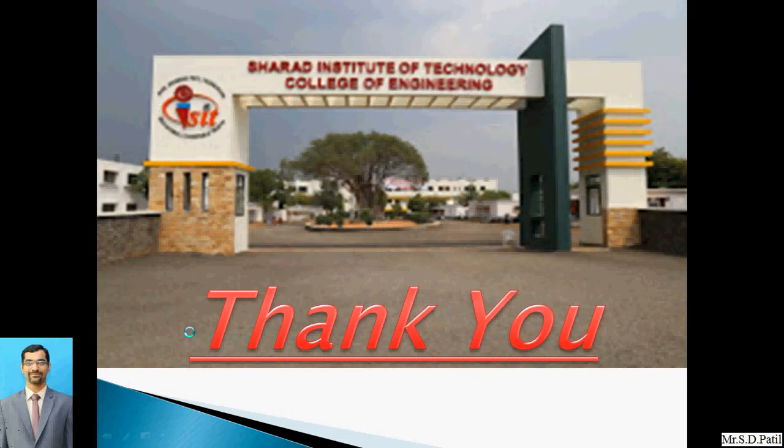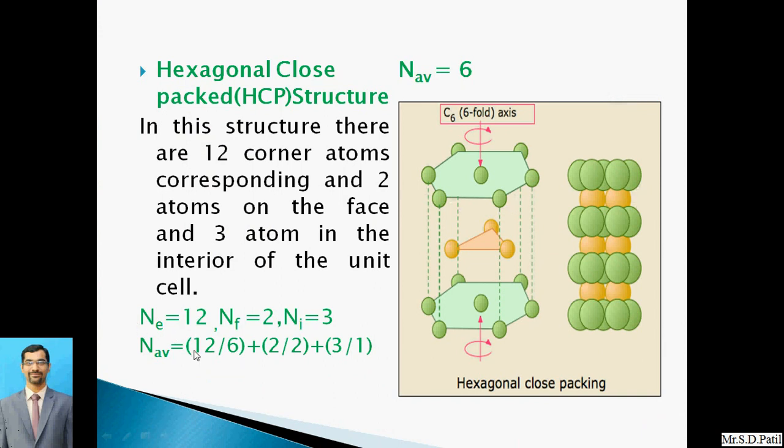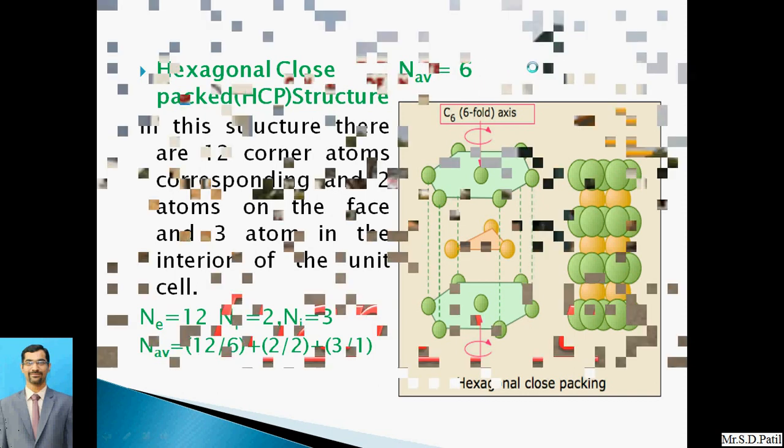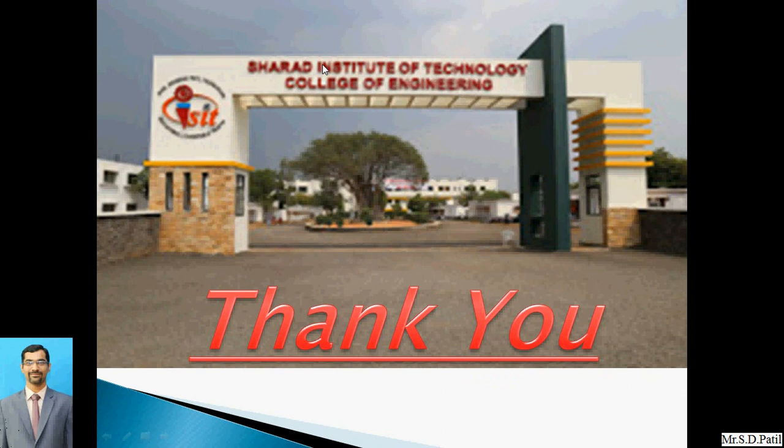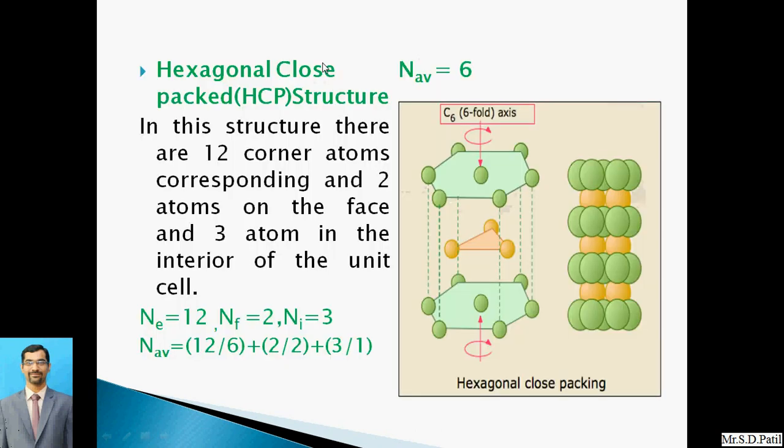So here NC is 12: 12 upon 6 plus 2 upon 2 plus 3 upon 1. So NAV, the average number of atoms per unit cell, is 6. I think all these things are now very clear, how to calculate the average number of atoms per unit cell.